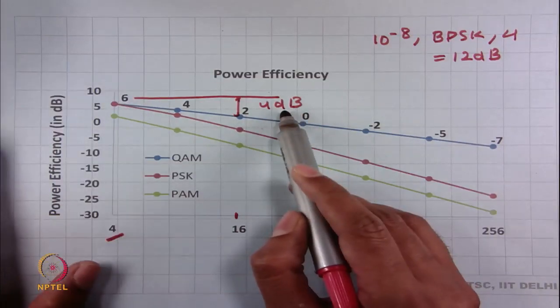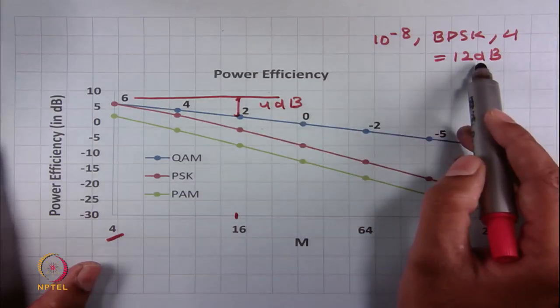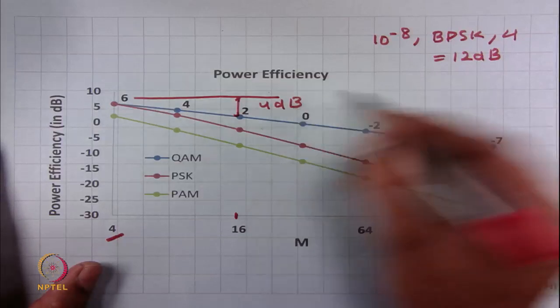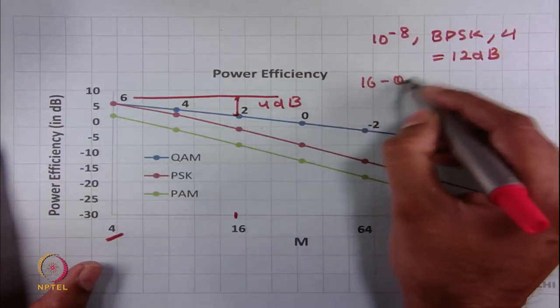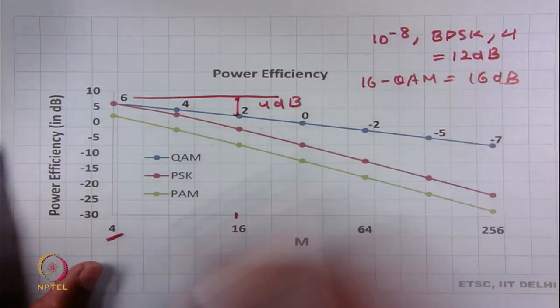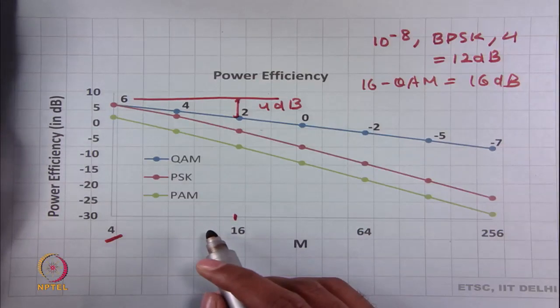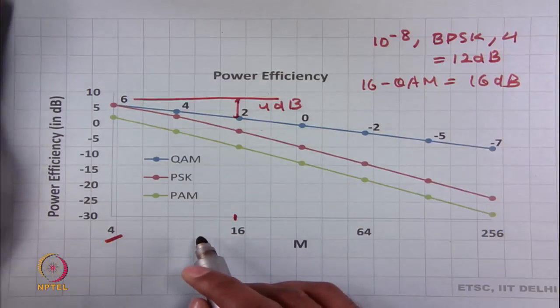Thus, 16-QAM will require 4 dB larger Eb/N0 than what 4-QAM required. So, the Eb/N0 requirement in 16-QAM is 16 dB. Okay. So, you can quickly calculate and tell these numbers.